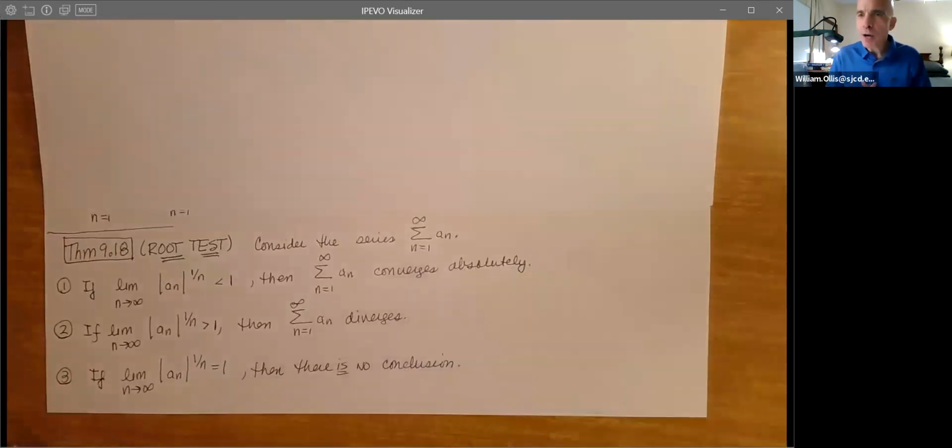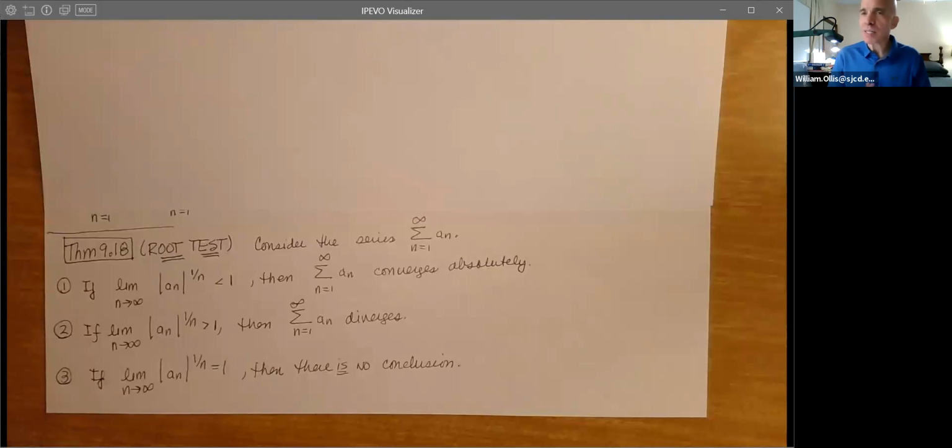And you're thinking, where would this test be good? I mean, can't we just use the ratio test? Well, if we have powers of n that can be eradicated by taking an nth root, well, that's pretty good. So the ratio test will have a more far-reaching application than the root test.